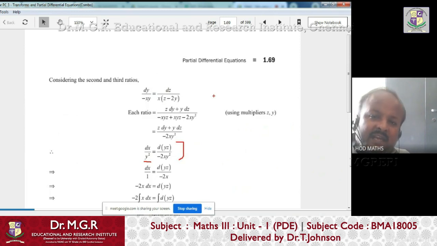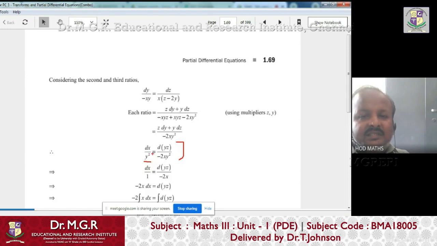So even if you add, the ratios are the same, even if you multiply the ratios are the same. So even after multiplying with z here and y there and adding, the ratios are still maintained with all three equivalents, right? So we can equate this with the first equivalent dx by y square, right?